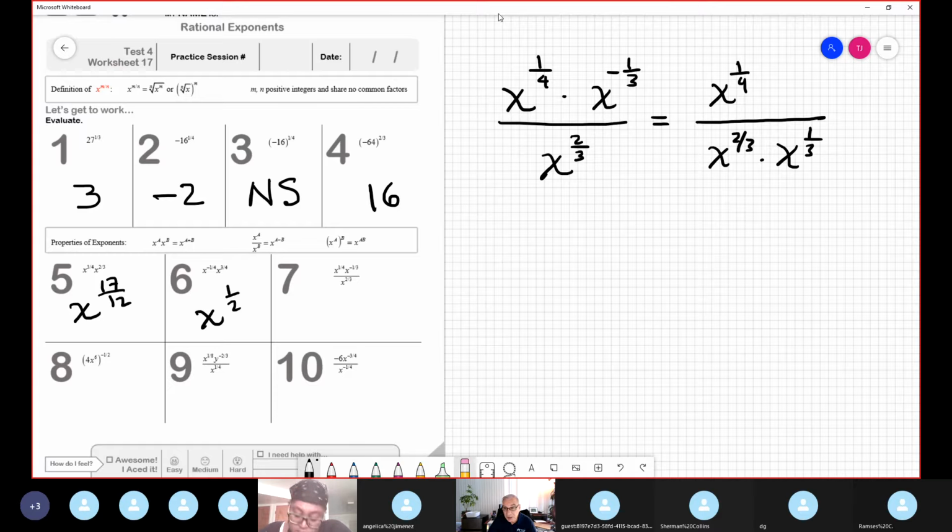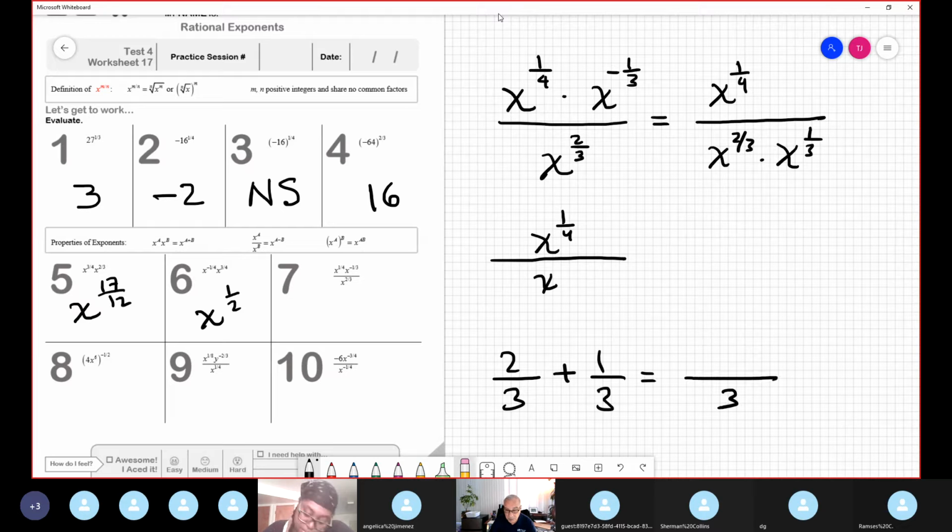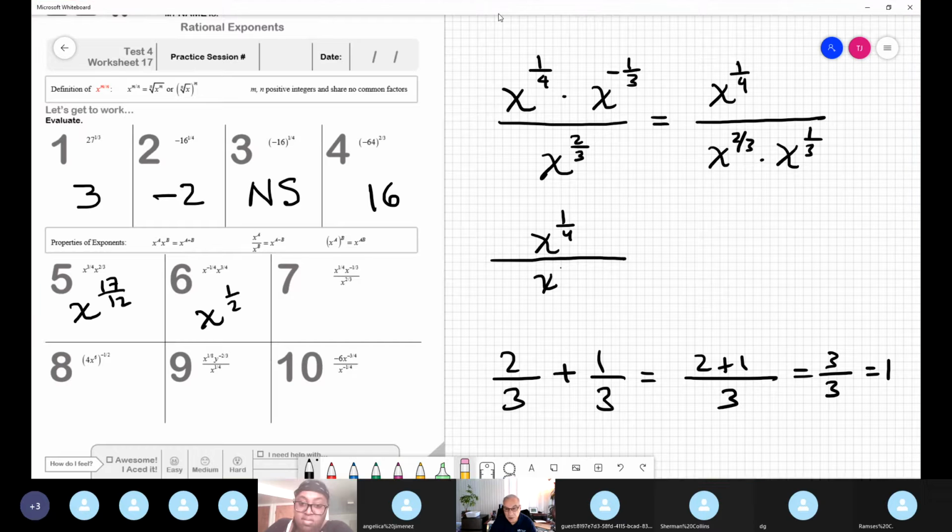And now let's do it in either order, division or multiplication. I prefer multiplication first. So you put x to the 1 over 4 and you multiply the two terms that we have in the bottom, which is 2/3 plus 1/3 is 3/3, is 1, just x. 2 plus 1 is 3, and 3 over 3 is 1, and 1 is an invisible exponent. Not necessary to write it here.